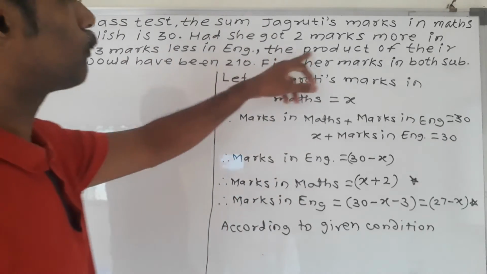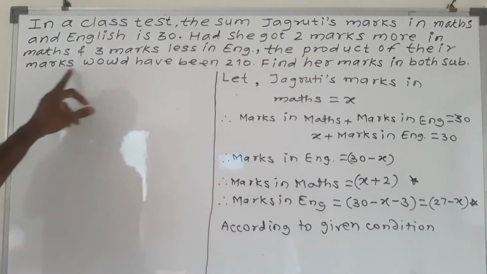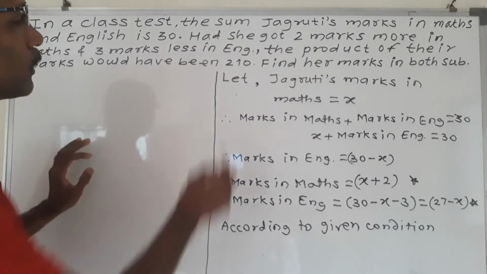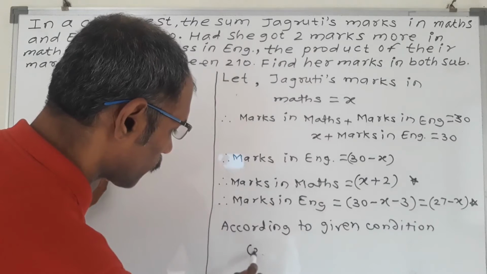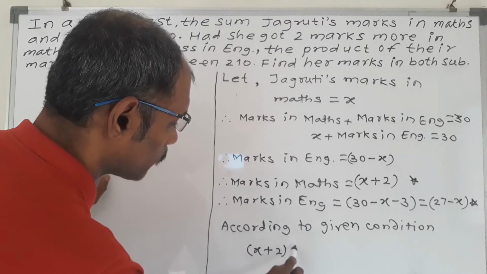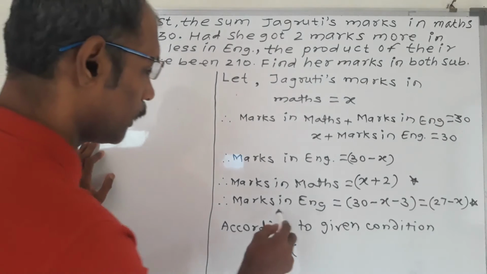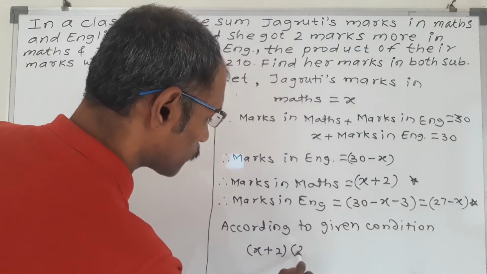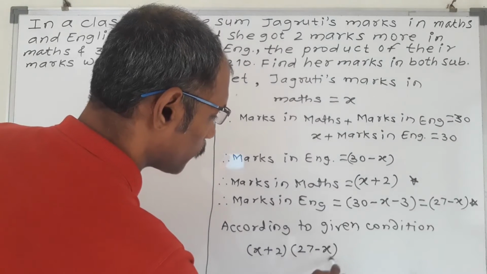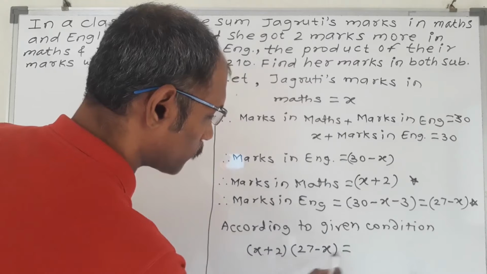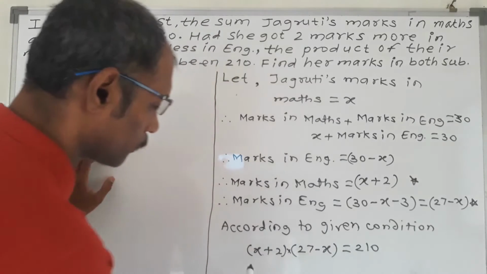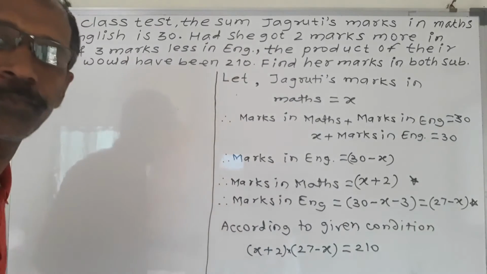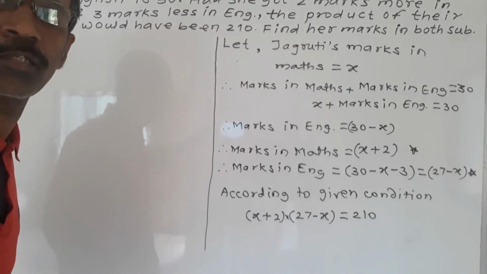The product of their marks would have been 210, means marks in maths x plus 2, product means multiplication, marks in English 27 minus x, this product is equal to 210, here multiplication.